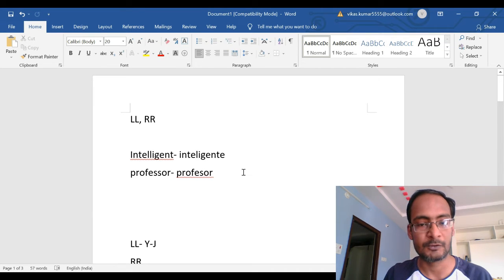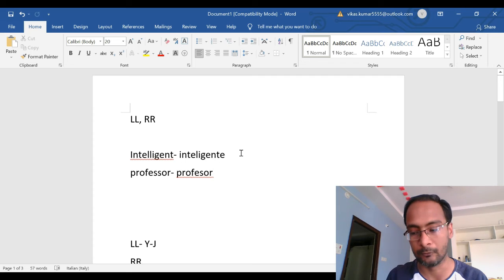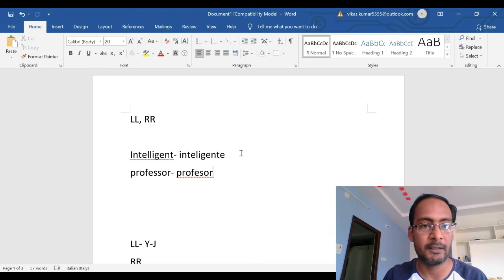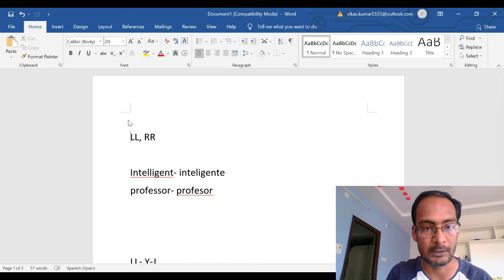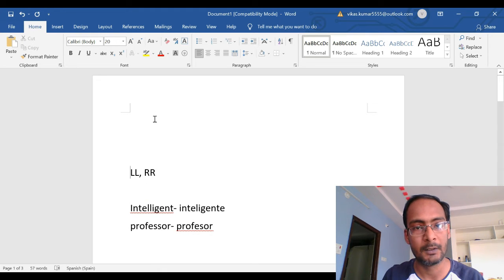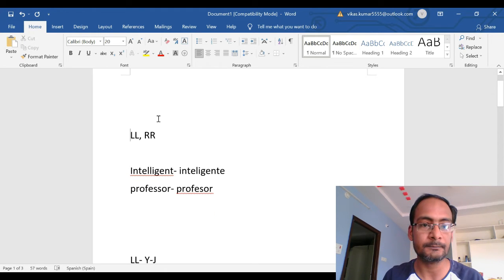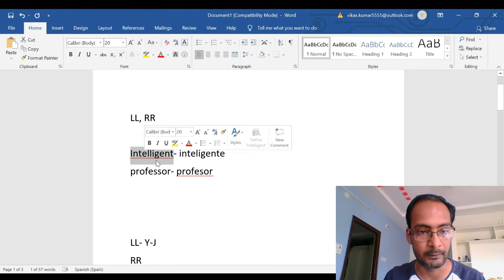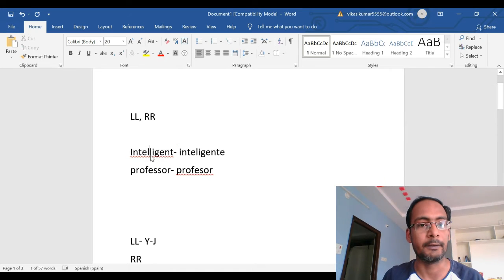So guys, you already know the 27 letters in the alphabet. Now I'll give you a few points which you need to keep in mind while learning Spanish. In Spanish, generally we don't have double consonant sounds. What I mean by that is, in English, you have words wherein you use double consonants, for example, the word intelligent, wherein L is written twice.